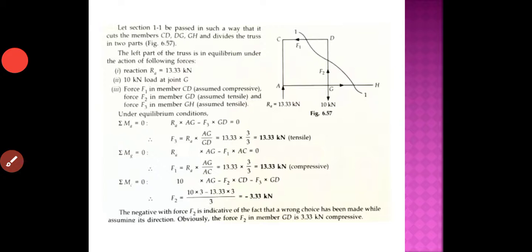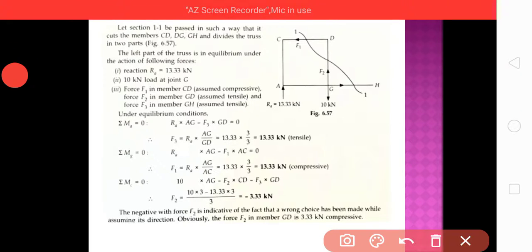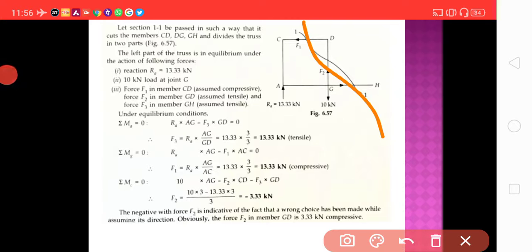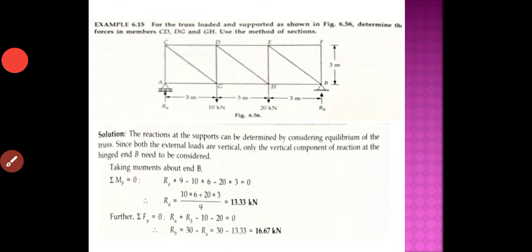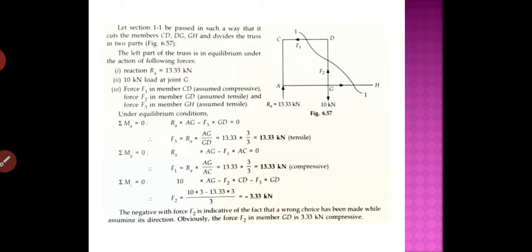Now we cut the truss by this imaginary line. Let section 1 be passed in such a way that it cuts the members CD, DG and GH and divides the truss into two parts.